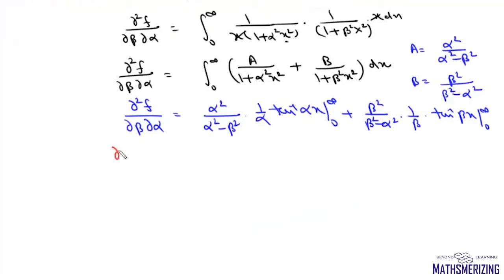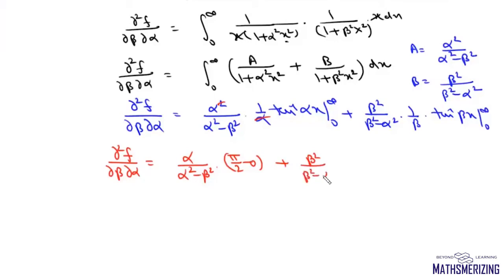So we'll write this as del square f upon del beta del alpha, and here alpha and alpha will cancel. So we'll get alpha upon alpha square minus beta square, and tan inverse infinity will be pi by 2, and tan inverse 0 is 0, and plus beta square upon beta square minus alpha square into 1 upon beta, and tan inverse infinity again is pi by 2 minus 0. So here beta and beta will cancel.